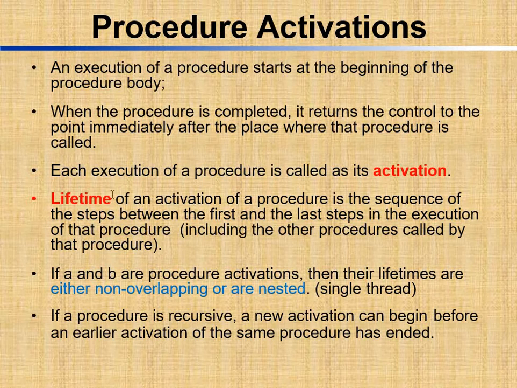The lifetime of an activation of a procedure is the sequence of steps between the first and the last step in the execution of that procedure, including the other procedures called by that procedure. If A and B are procedure activations, then their lifetimes are either non-overlapping or nested.